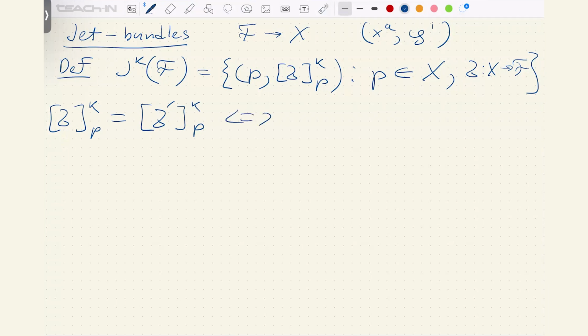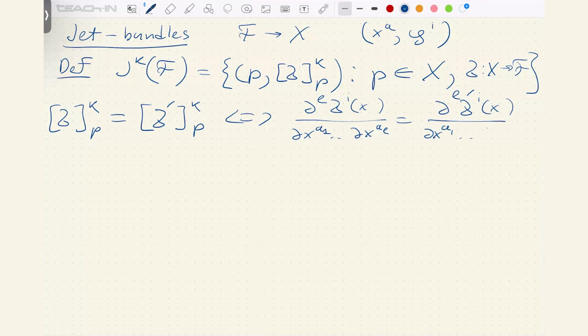It means that all derivatives d^l sigma^i(x)/dx^a1 ... dx^al equal the same derivatives of sigma prime^i.